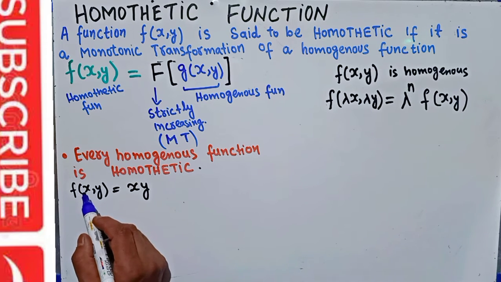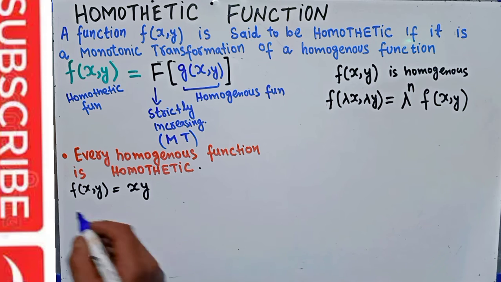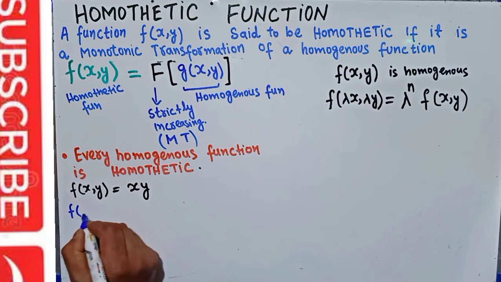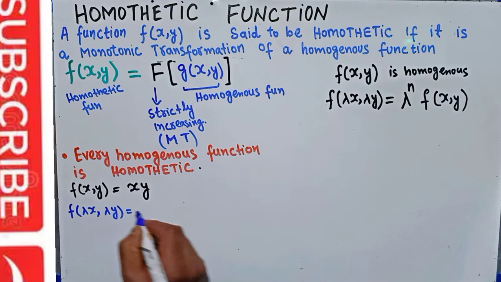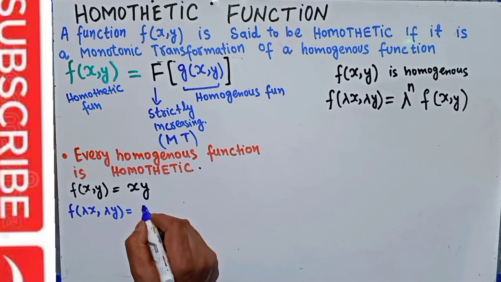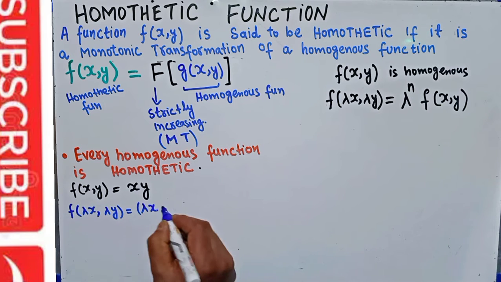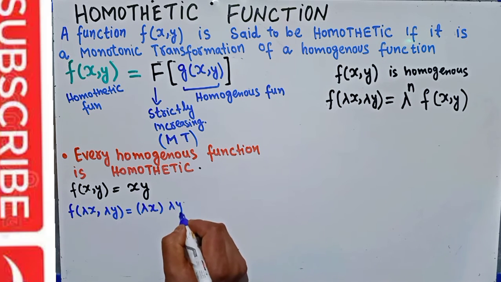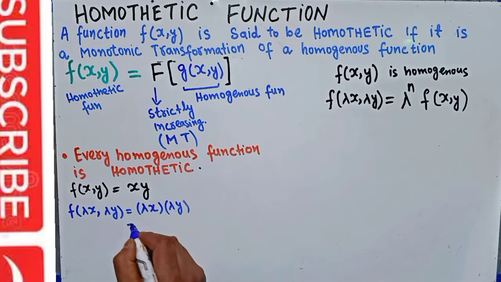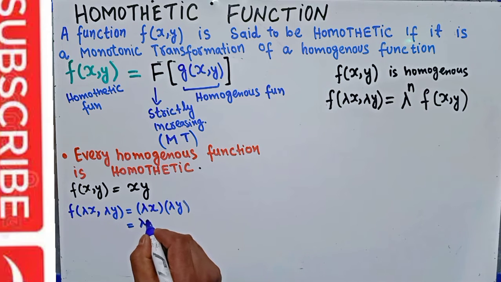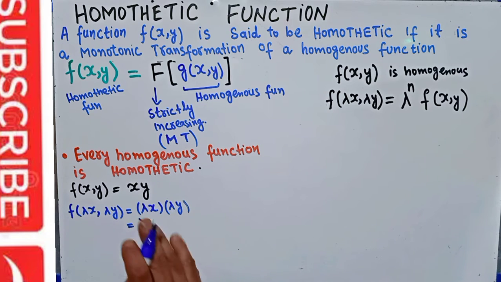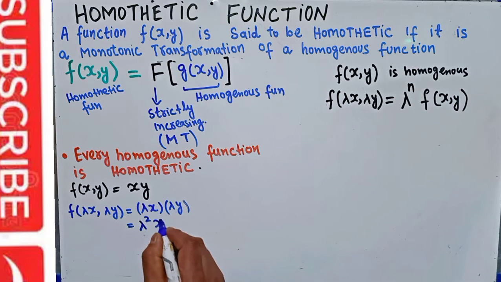Let us say we increase both x and y by a factor lambda. Let me write it here: f of lambda x, lambda y. And what will happen here? x is being increased by a factor lambda, and similarly y is also being increased by a factor lambda. So we can write lambda x times lambda y, and lambda into lambda is lambda squared times xy.